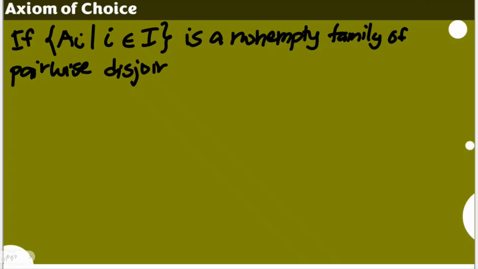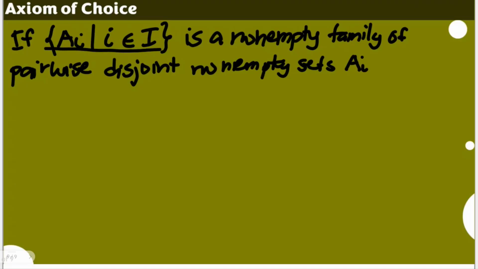So this is how it is stated. If a set of A sub I for I an element of a certain interval is a non-empty family of pairwise disjoint non-empty sets A sub I. Before we proceed, this tells us that this is non-empty and that the elements of this are actually pairwise disjoint non-empty sets.